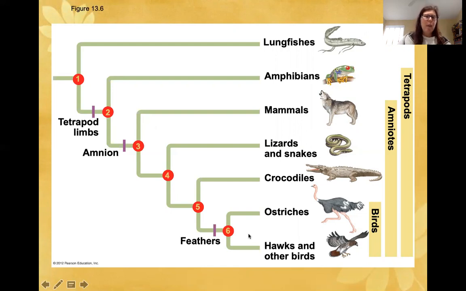Depending on what traits you're looking at, you can organize this differently. It's interesting, because with crocodiles, taxonomists are constantly trying to decide whether to put them in with the birds or in with the reptiles. If you find that fascinating, you could look it up, and you'll see there are different schools of taxonomy. We don't even have an agreement among taxonomists, which I'm not going to get into in this course.